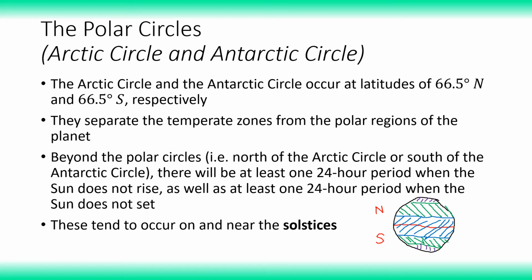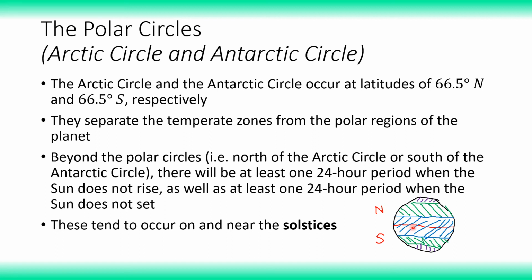So just the way that the subsolar point lives in this blue area, that the sun only ever appears directly overhead within this blue region for the tropics, there's a similar way to define where the Arctic Circle and Antarctic Circle go.